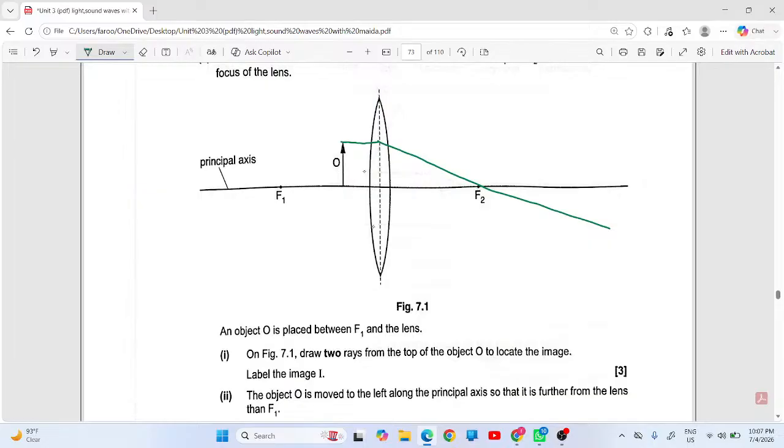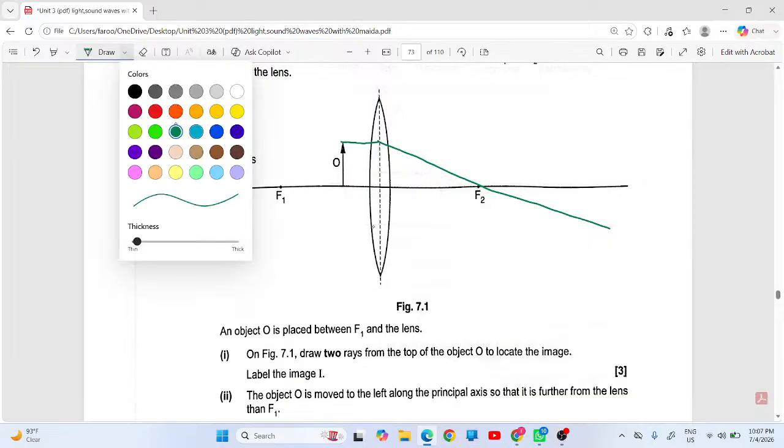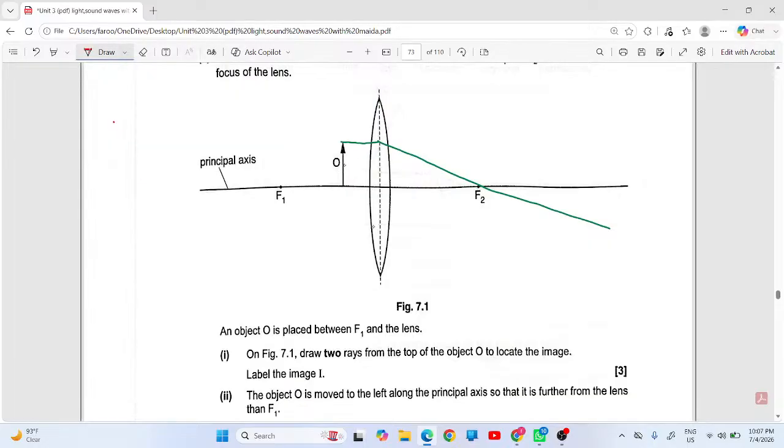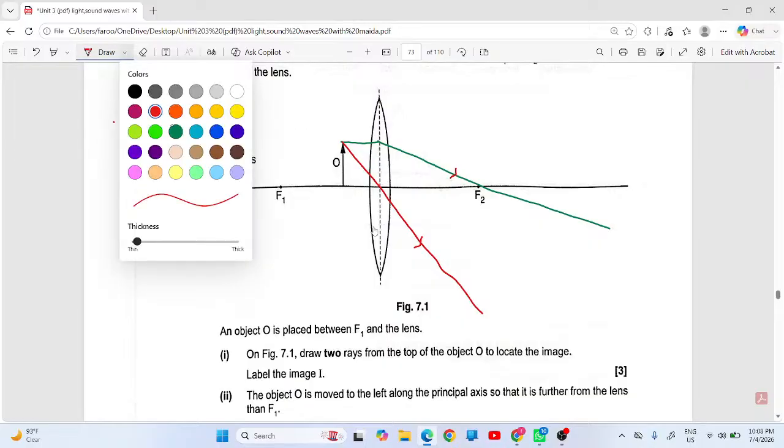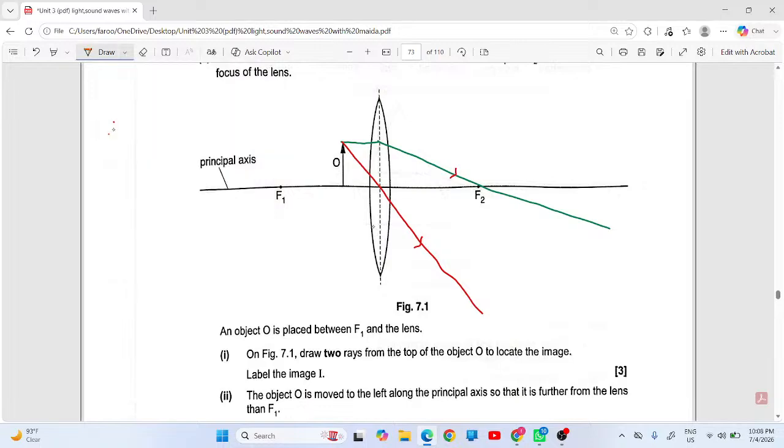And the second ray is incident on the optical center, it will go straight without any deviation. ऐसे से बन रहा है. ठीक है. And now these two light rays are not intersecting with each other, so we have to proceed them in a backward direction.